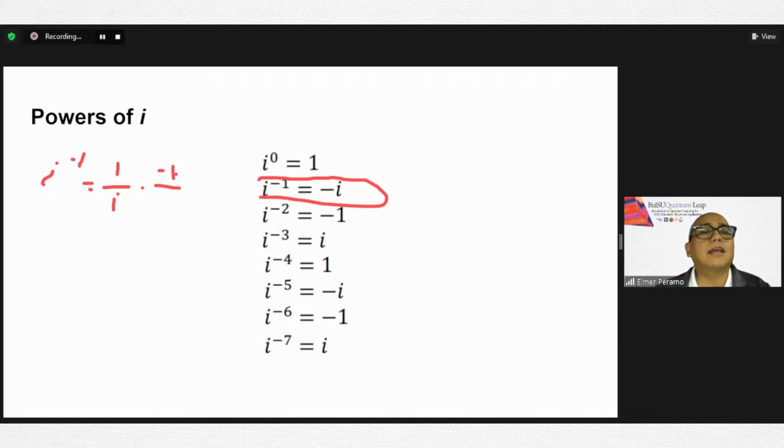Negative I. So negative I divided by I times negative I, which is negative I squared, but I squared is negative 1, and the negative of negative 1 is 1. So that's why we have this I here. So it's just actually a cycle from the negative numbers to the positive numbers.